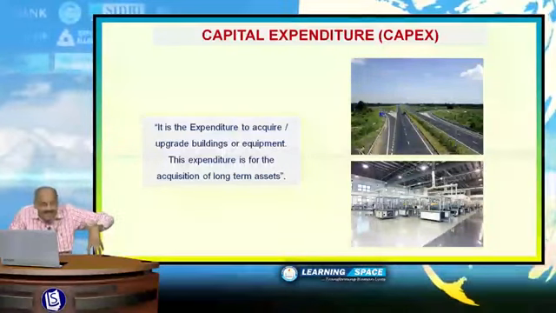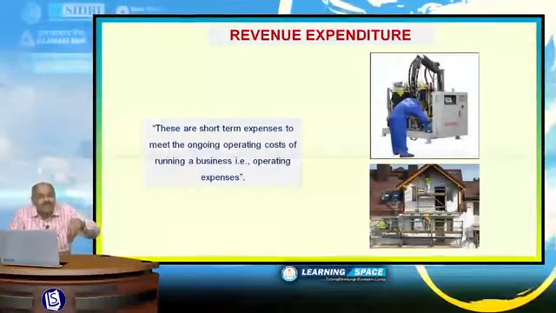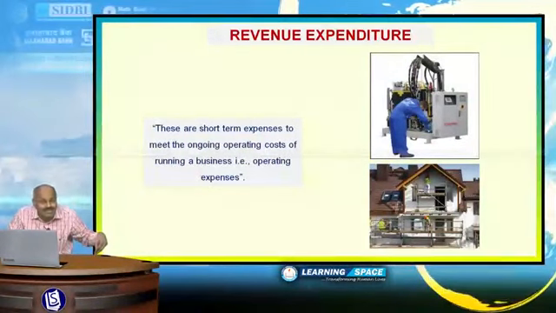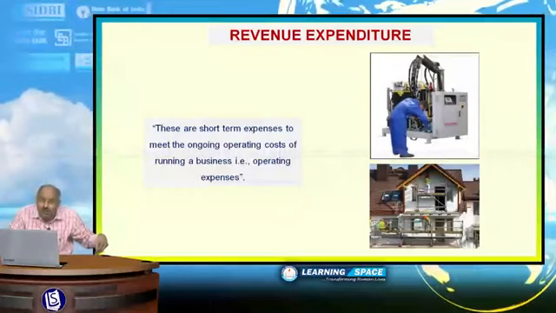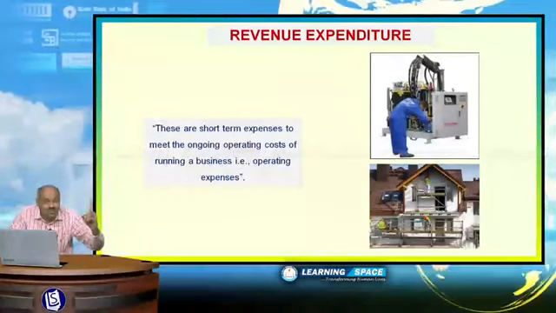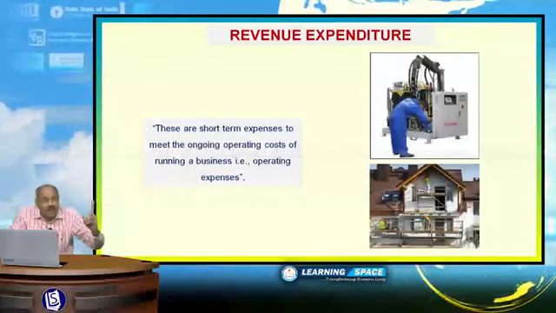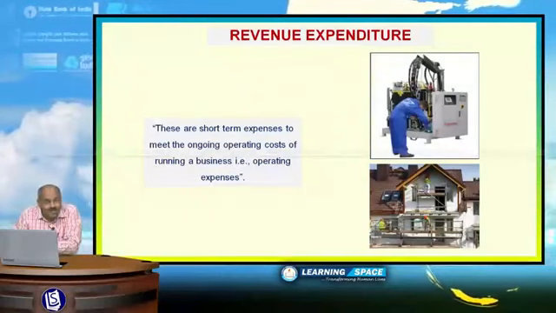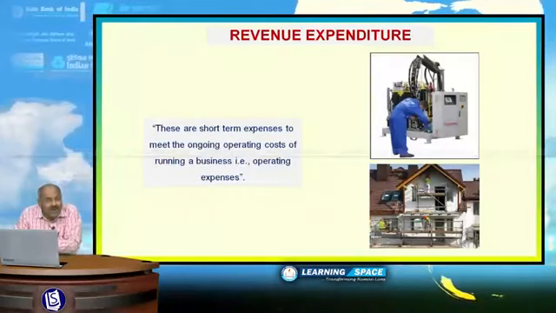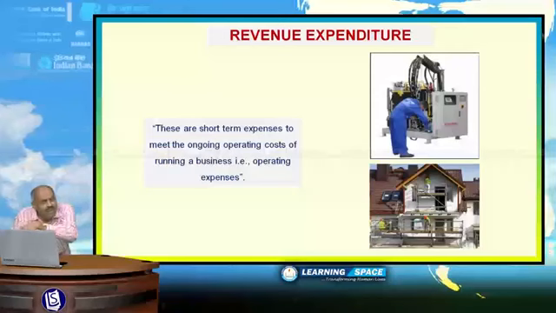Please don't forget, revenue expenditure is the term to meet day-to-day operating expenses. You purchased a new car, that is capital expenditure. But that car after some time developed problems and you are required to repair it.